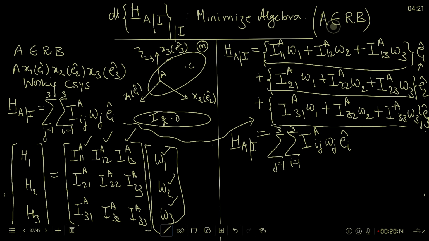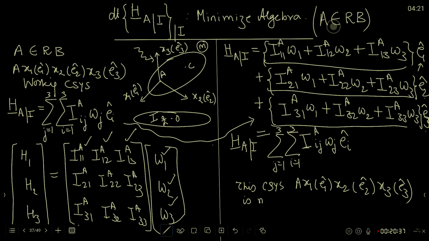Now mind you, so far what condition I have put on my coordinate system. So this coordinate system is not fixed to I. Clearly it is not fixed to I, right?